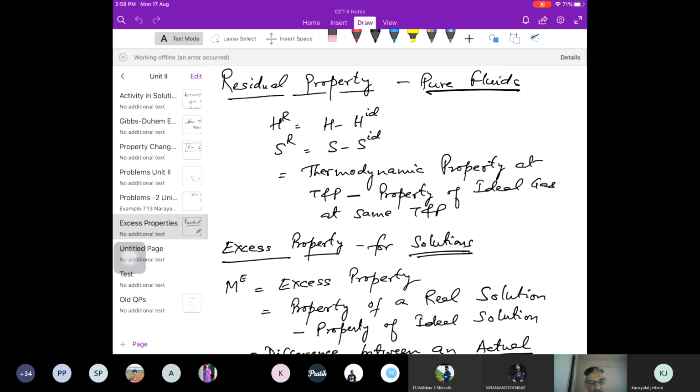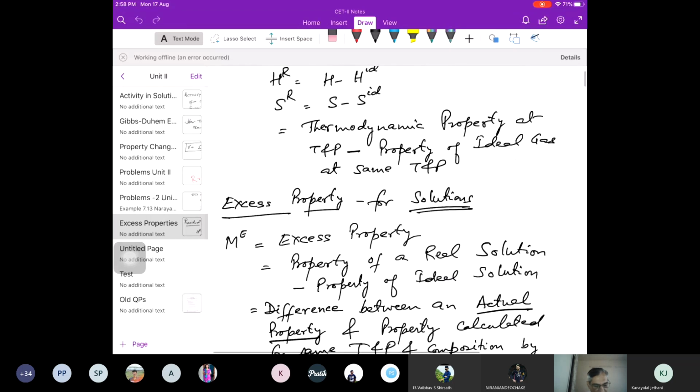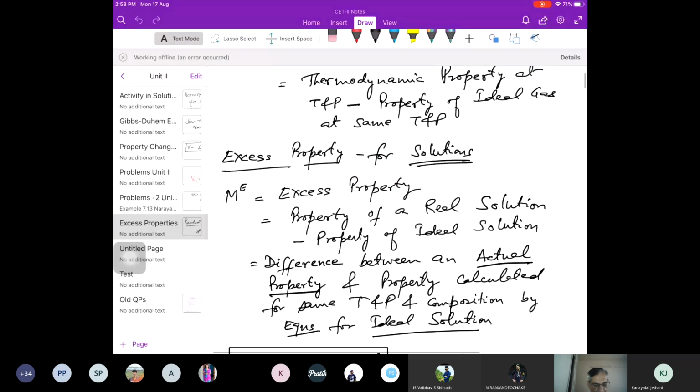So it is nothing but the thermodynamic property at any temperature and pressure minus the property of ideal gas at the same temperature and pressure. Right? So it will tell us how much is the deviation between real and ideal fluid.